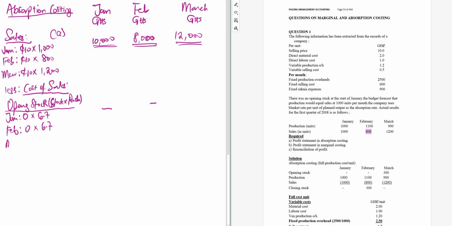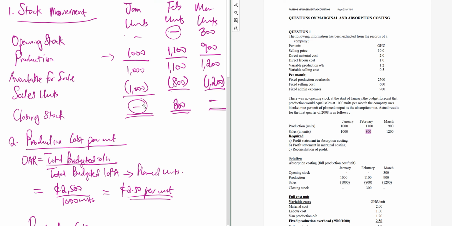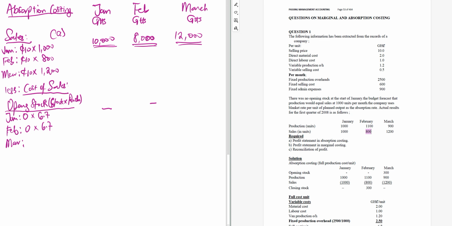But when we come to March, you realize that in March we had opening stock of 300, so that 6.7 will now be valued at 300. So we take the 300 units and value it at 6.7 for March, and that is 300 by 6.7, and that's 2010. Then we add production costs.